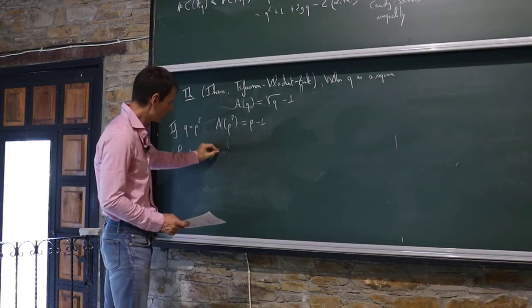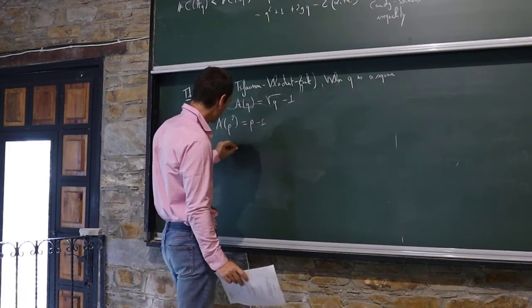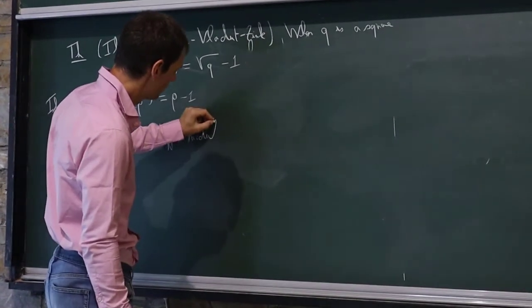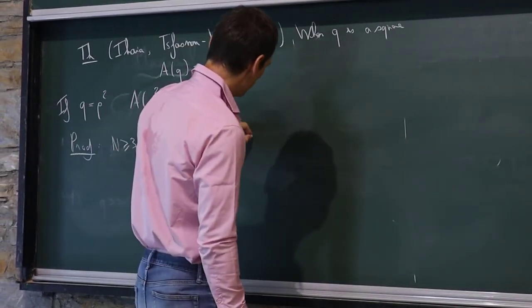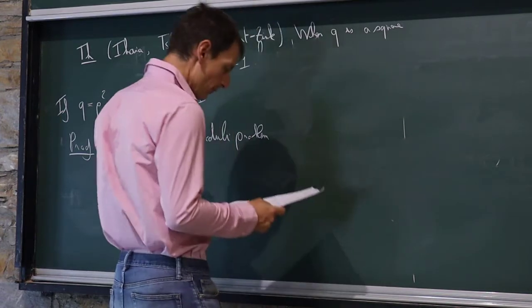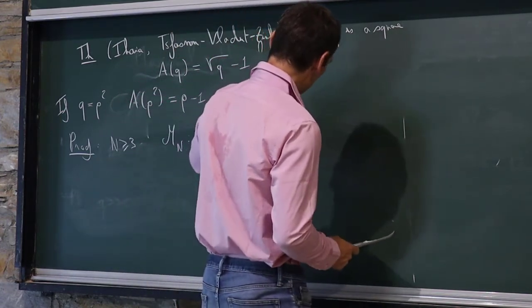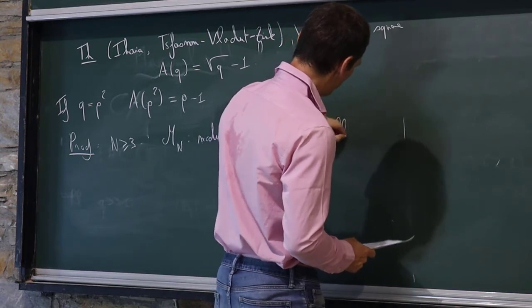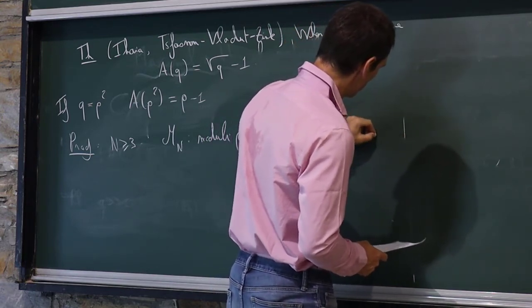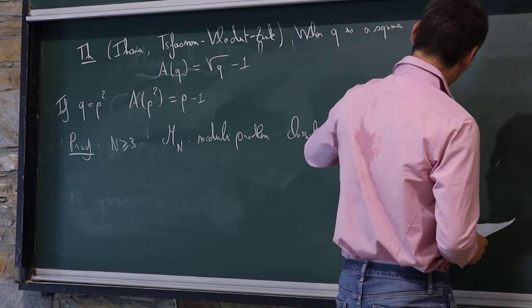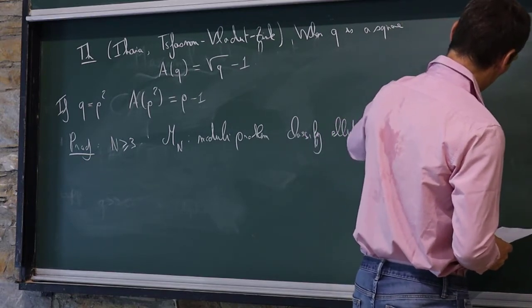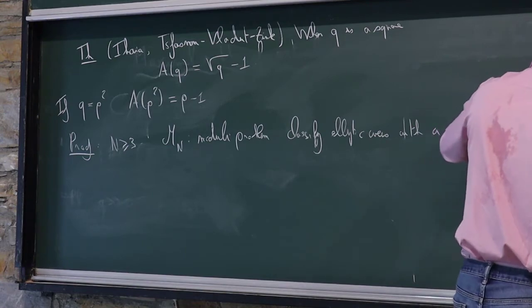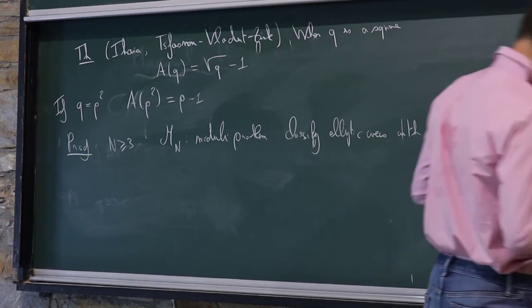For n greater or equal to 3, there is something which is called a moduli problem, which is to describe, or classify, elliptic curves with a cyclic subgroup of order n.